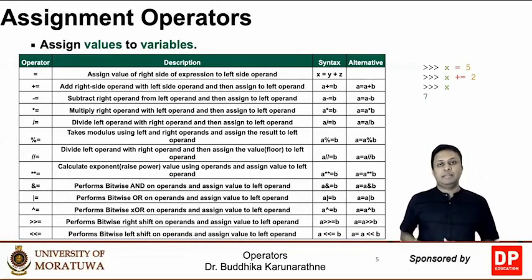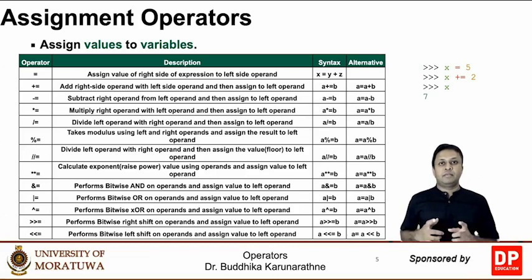Assignment operators are used for assigning values to variables or any other object in Python. For instance, x equals 5 is a simple assignment operator that assigns the value 5 on the right to the variable x on the left. There are also multiple compound operators as depicted in the given table.